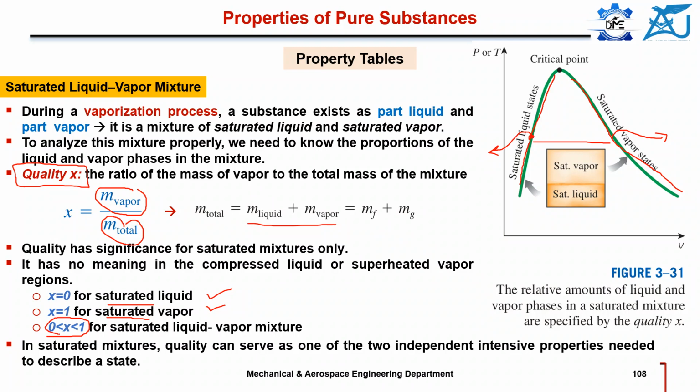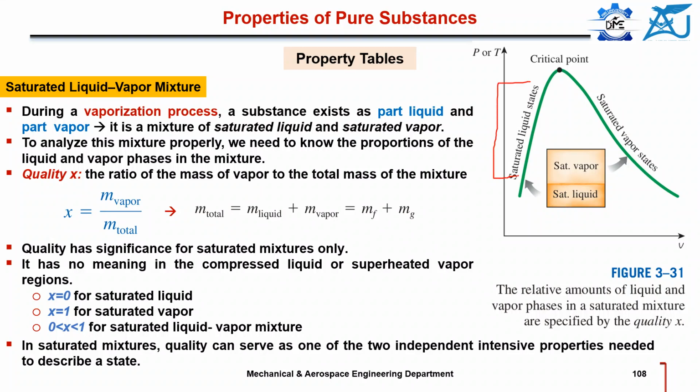If you do not remember it, then go back and study that lecture, and you will have an idea what I'm talking about. One thing to remember is that this quality does not have any meaning in the subcooled region or the superheated region.